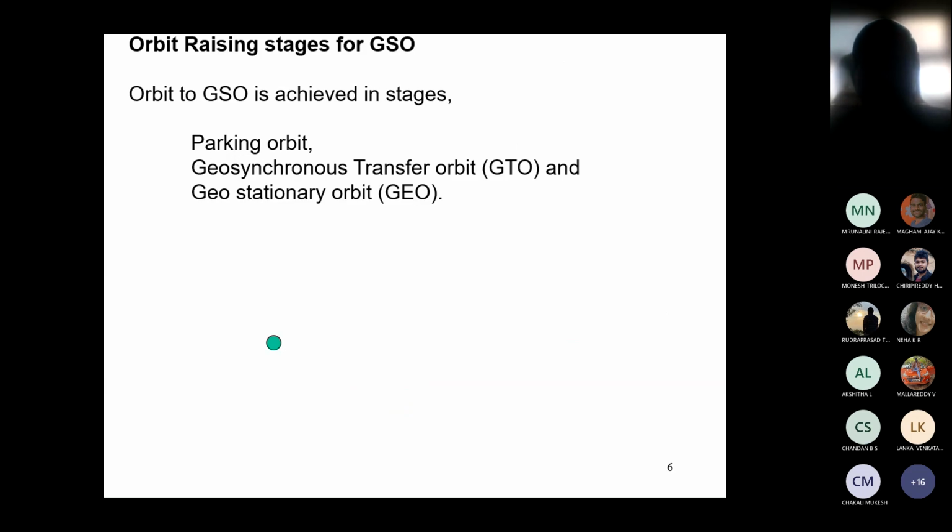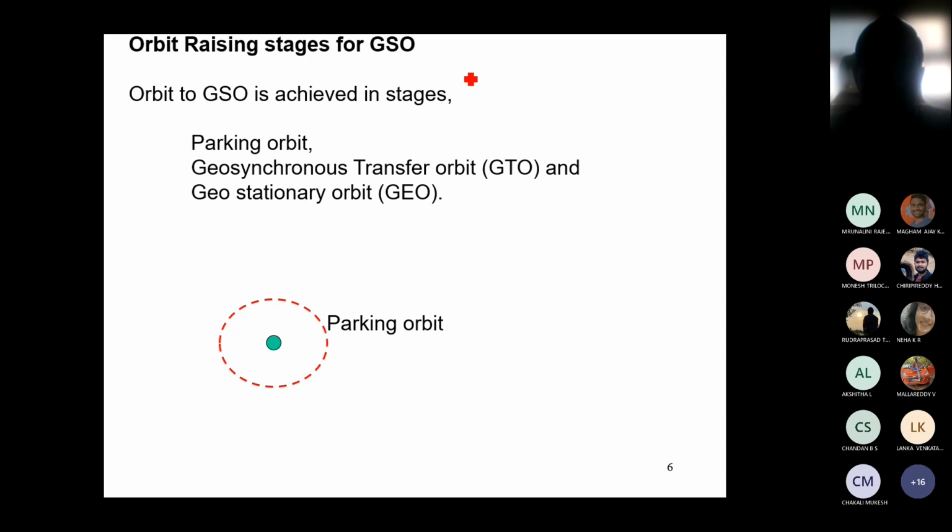Then we had discussed the orbit raising stages. So initially we launch a satellite into a parking orbit, which is a nearly circular orbit.